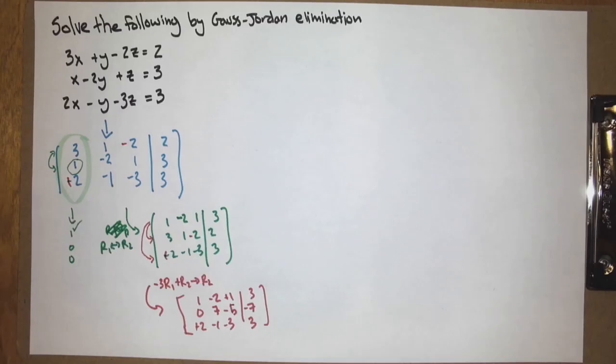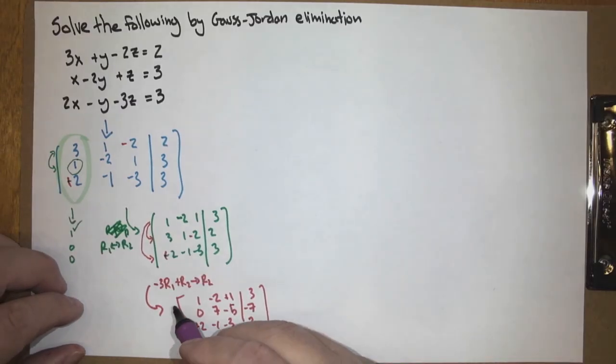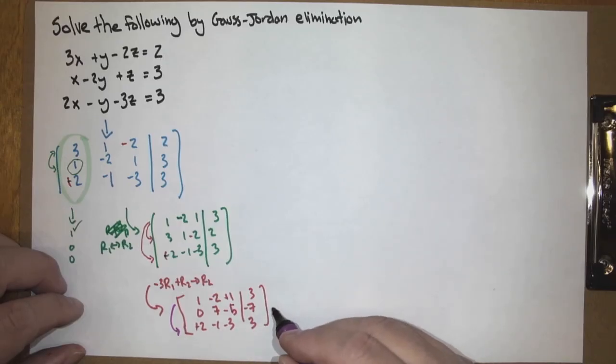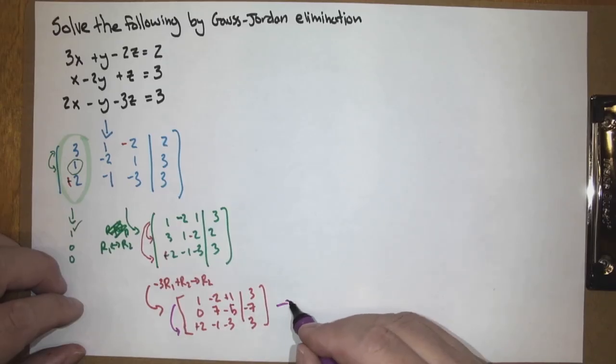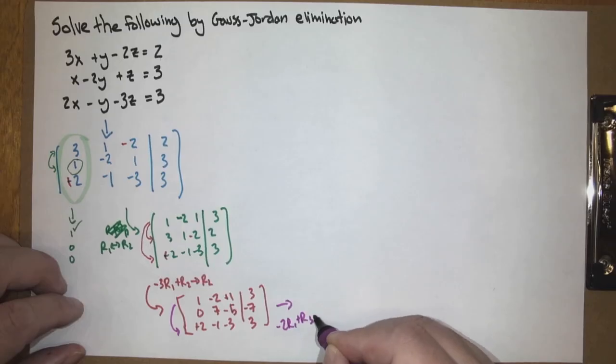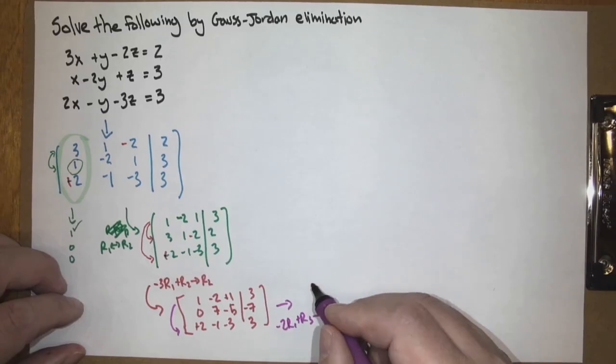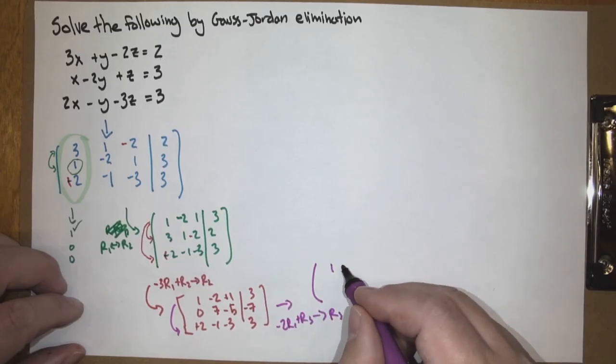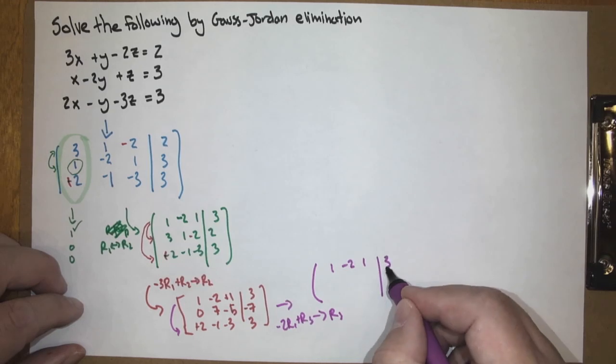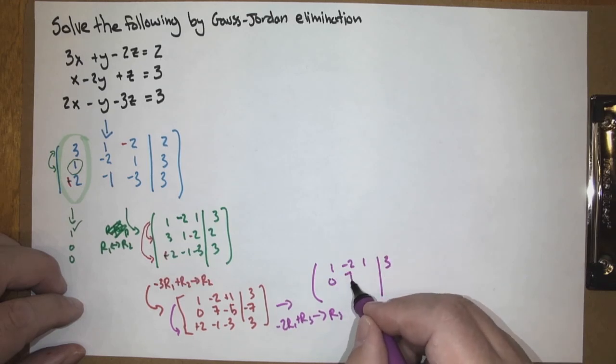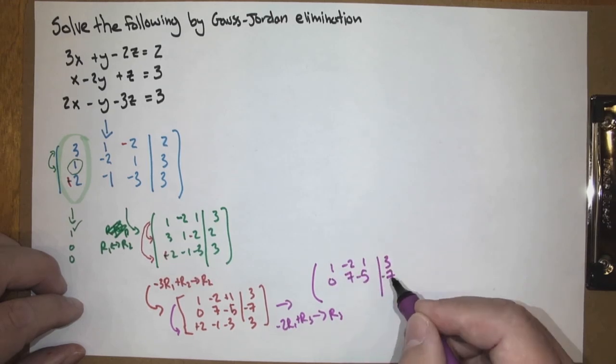All right, we still need to knock out this 2. So what can we do? Well, add -2 times the first row. Add it to the third row. That becomes our new third row. So, first 2 rows stay as is. 0, 7, -5, -7.